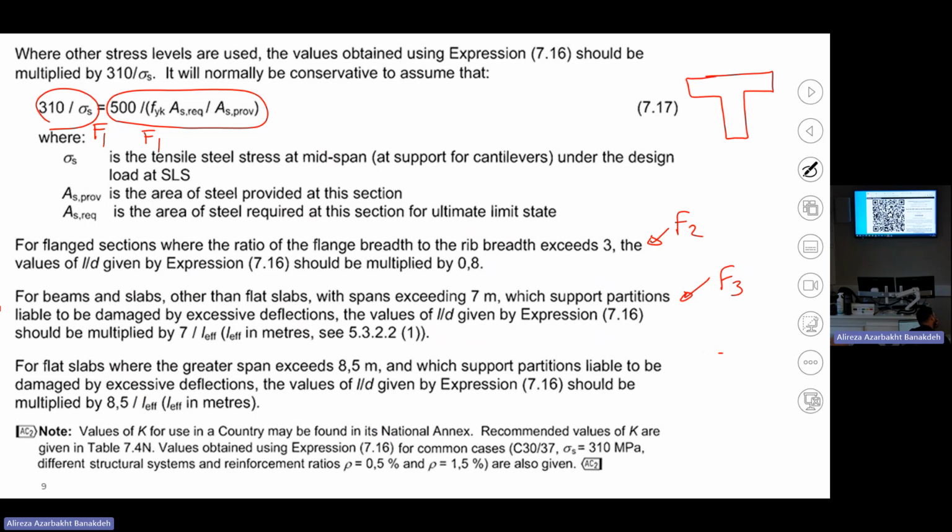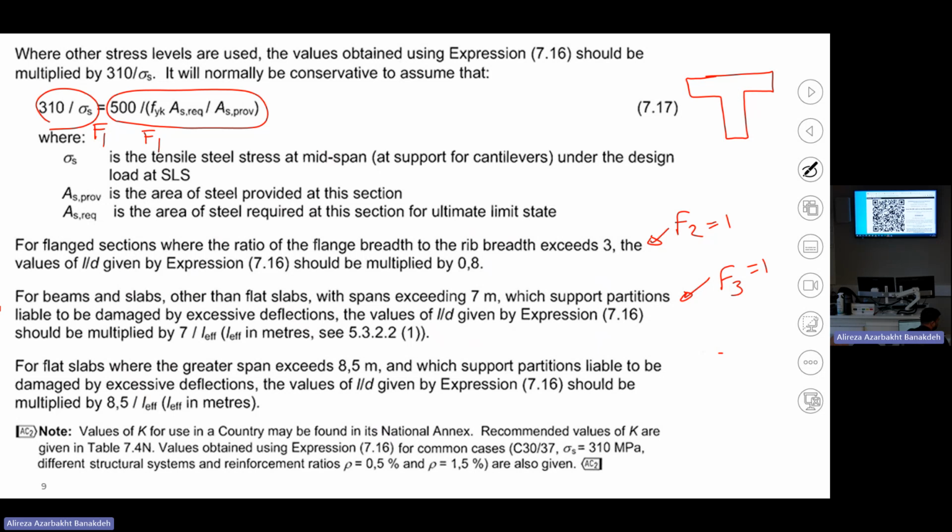So the thickness of the flange and web are different, all right? If you have a flange section where the ratio of flange breadth to the rib breadth exceeds 3, then it's something. So it's not the case here. If you have a rectangular section, it's 1. It doesn't change anything.